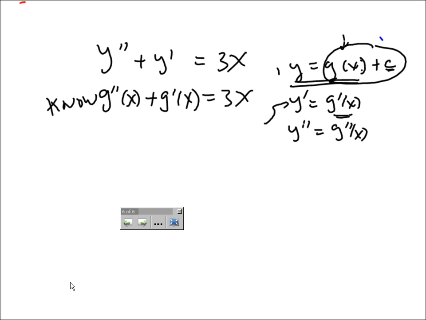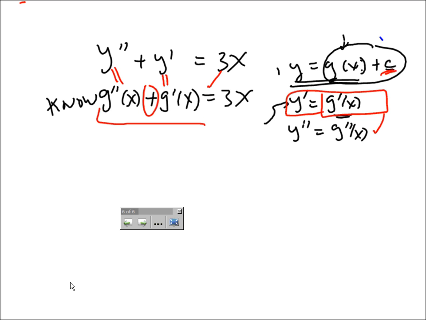And even though there's a constant here, there's no constant here for y prime. So the second derivative is just g double prime. So y double prime is that, y prime is that. When I add them up here, I'm getting 3x.